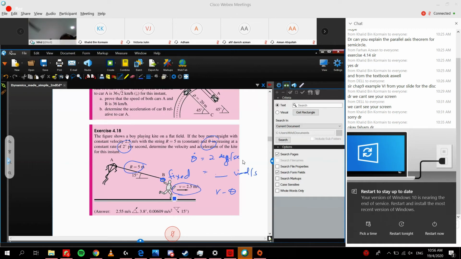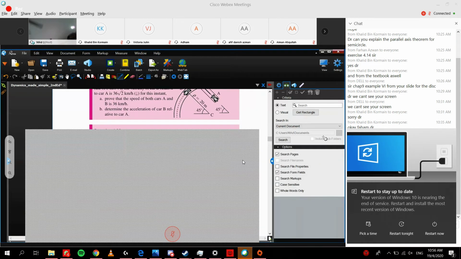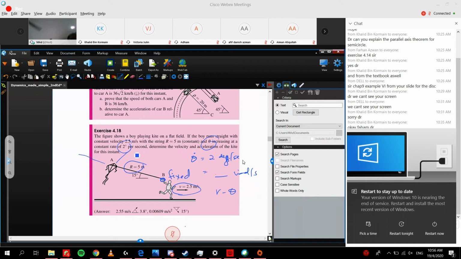If you fix this point, this will be your r axis, this will be your theta axis. This is the positive theta, this is your positive r. So when doing your r theta axis, you can get your Vr and V theta, where your Vr is r dot, your V theta is r theta dot.